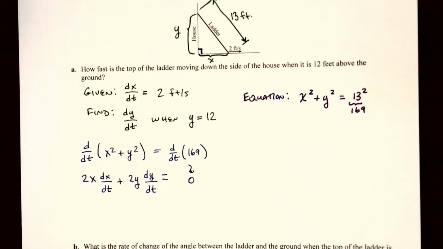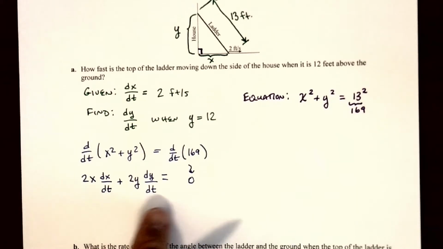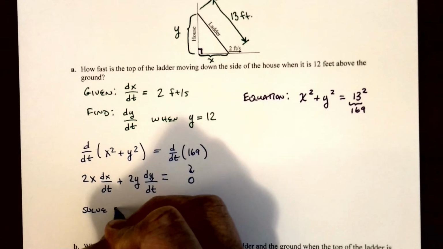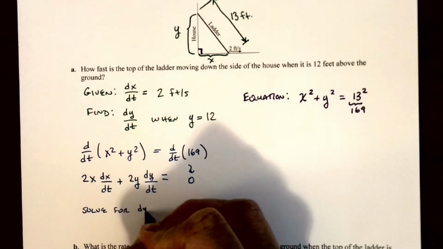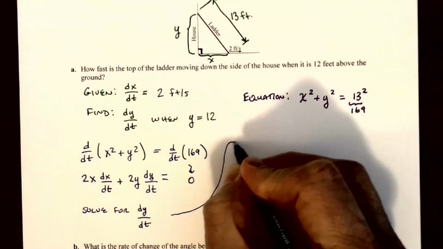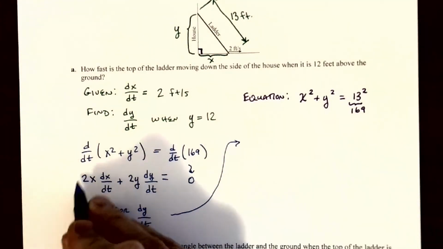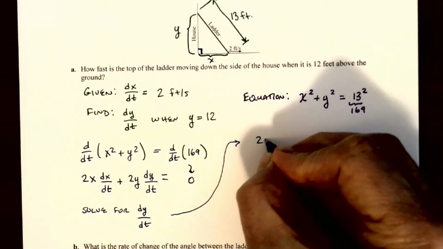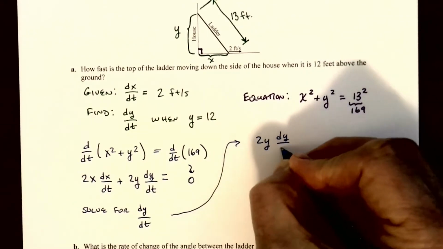And now we could, at this point, plug in values we know. But I'm going to go ahead and solve for dy/dt in this equation and then plug in. The way I'm going to do that is I'm going to subtract this quantity, 2x dx/dt, from both sides of the equation.